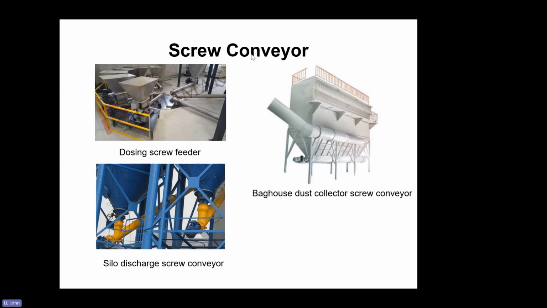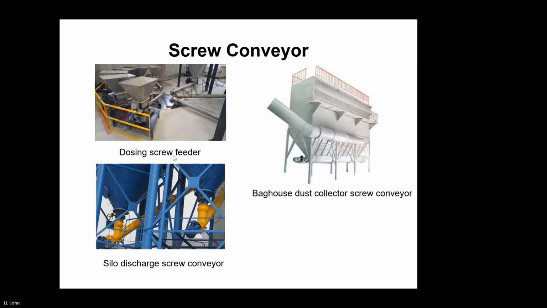Application for screw conveyor: this one is usually for dust collection, this baghouse. So dust is collected here and then can be discharged by a screw conveyor at the bottom.